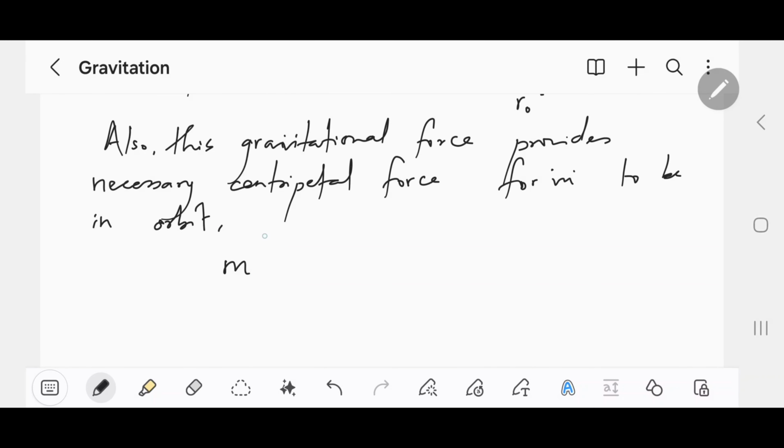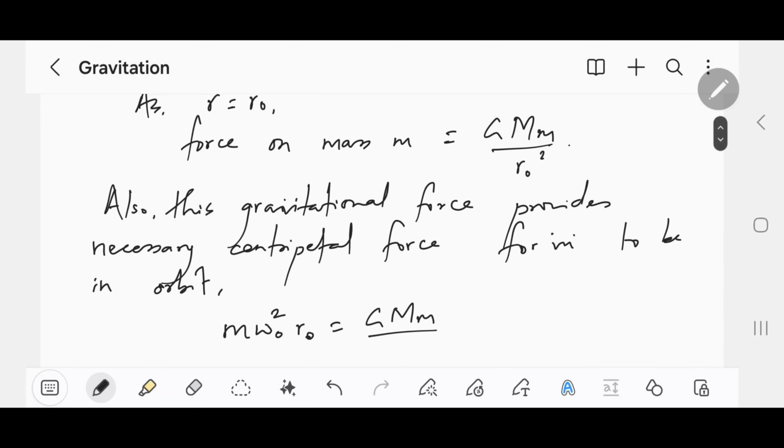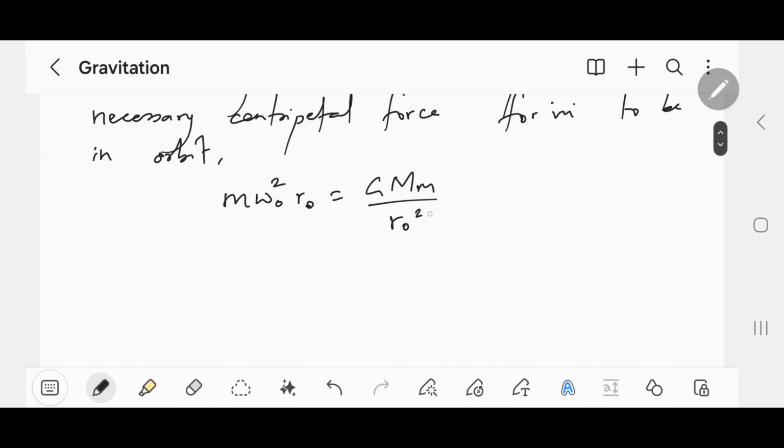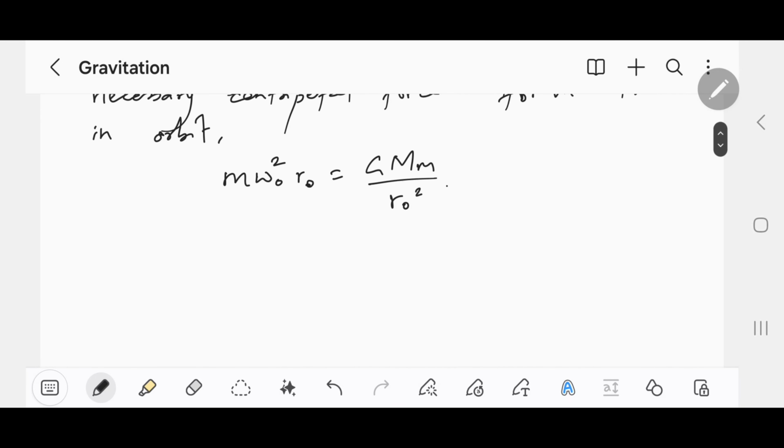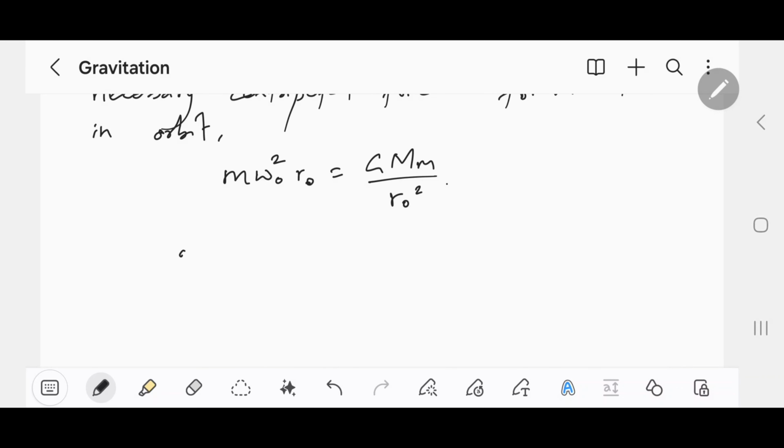The centripetal force m omega square r equals GMm by r naught square, right? That centripetal force is provided by the gravitational force, so these two forces should be equal. Omega naught is the angular frequency and it is related to the time period also.